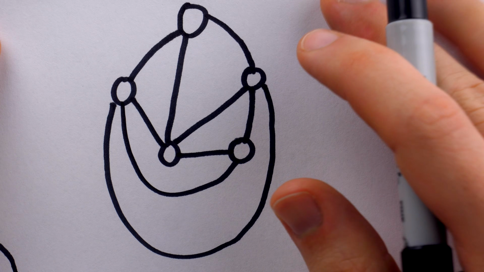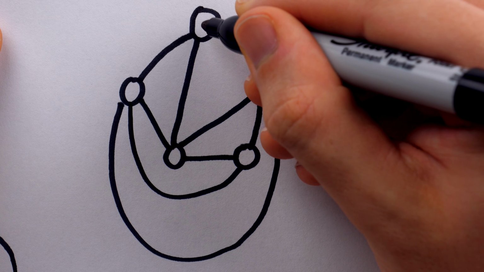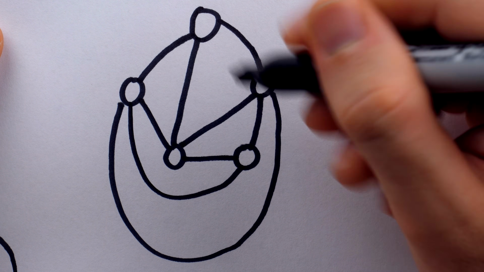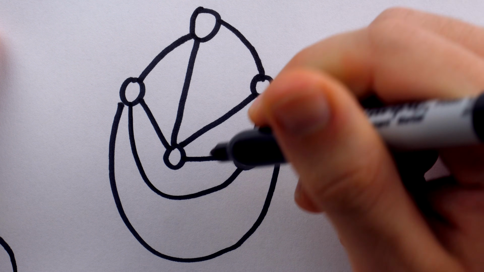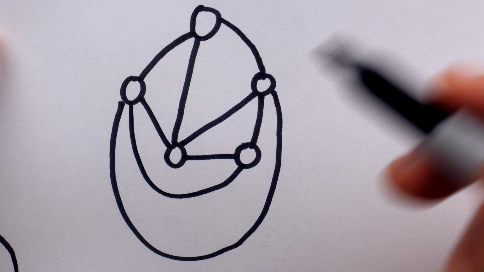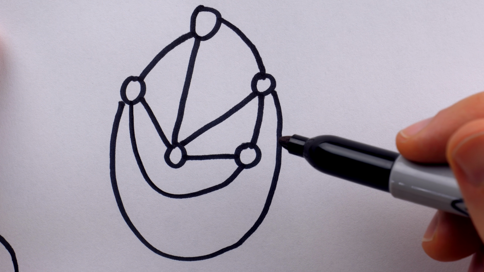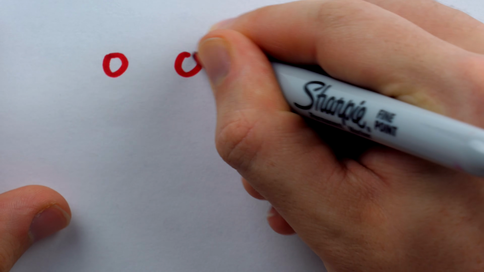At this point, the only edge I have left to draw is between these 2 vertices, and at least in this case, there's just no way to do that. Now, maybe if I drew it differently, it would be possible, but I can confirm for you that in fact, it is not possible.